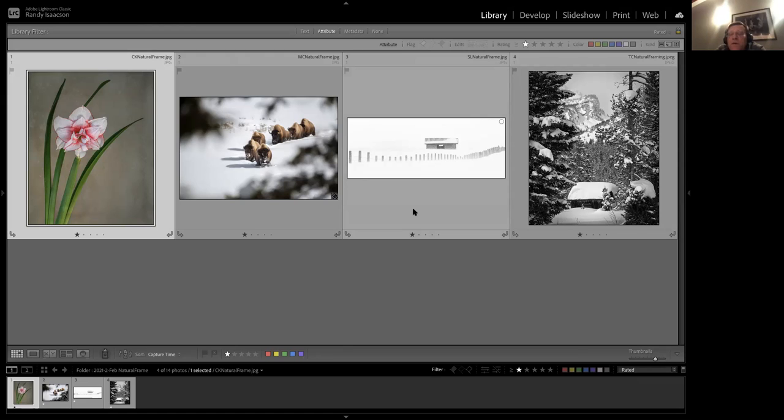We don't see full depth of field from 2 feet in front of us all the way out to infinity. So I think that was very well done, and you look at the way those bison are spaced out within that natural frame, and I think they just did a really superb job.